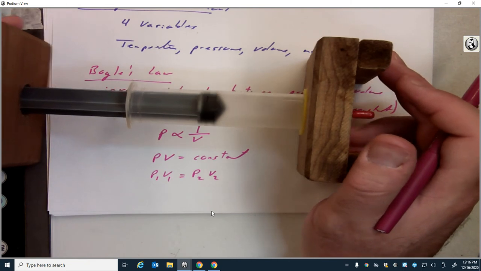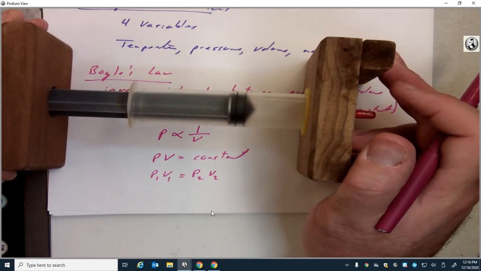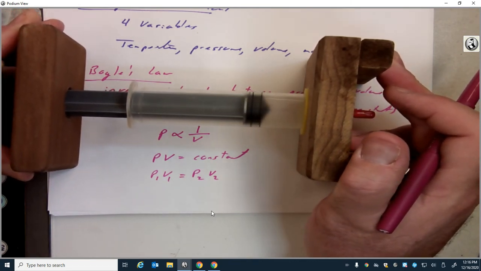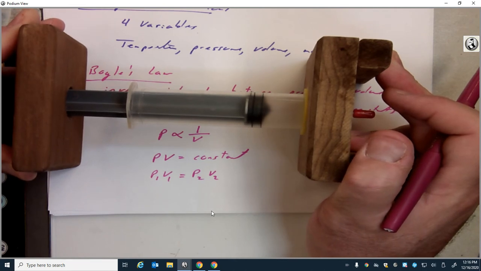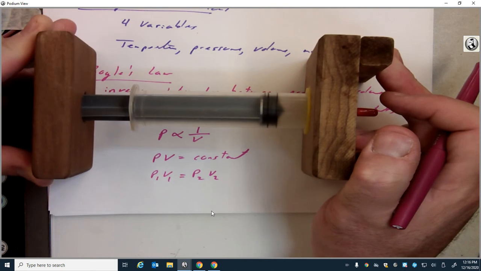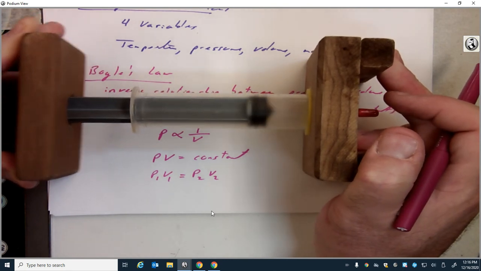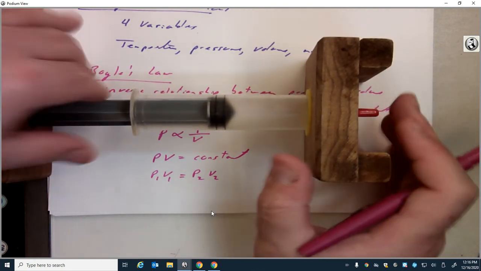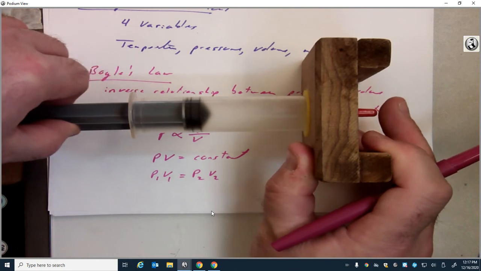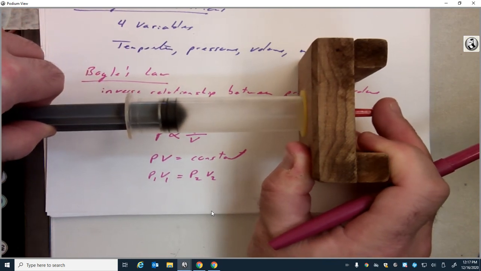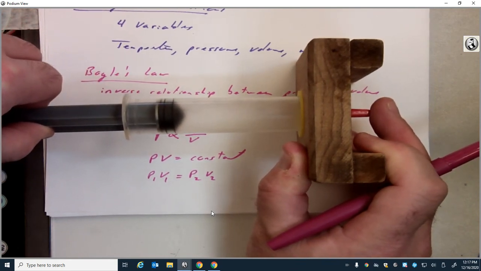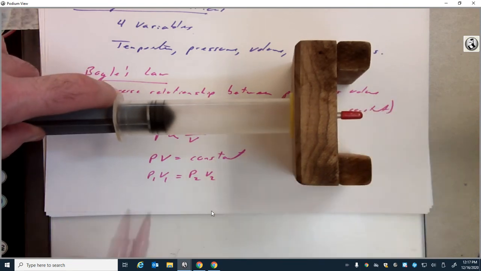Well, if I push down, if I increase my pressure, the pressure inside is going to increase, but my volume gets smaller and smaller. And vice versa. If I pull this out, I'm increasing my volume, which means the pressure produced by the gas inside is going to decrease.